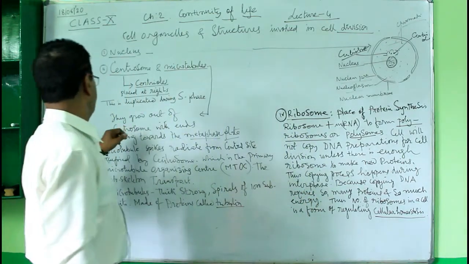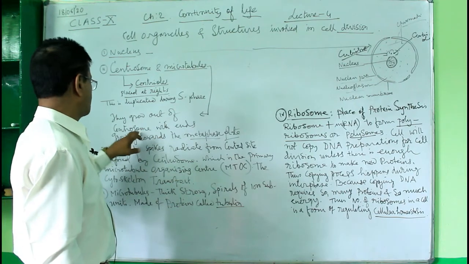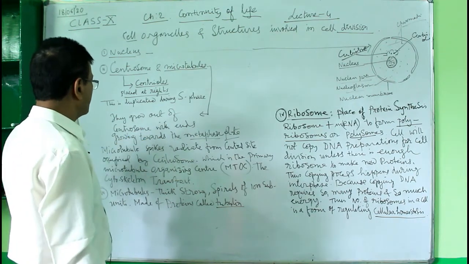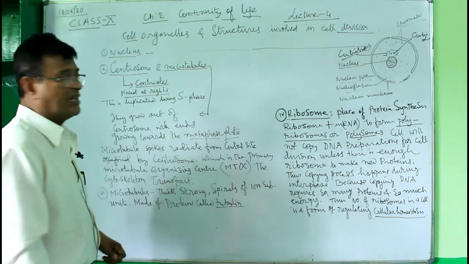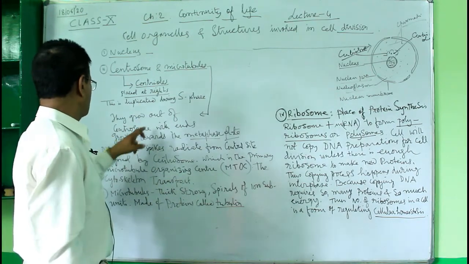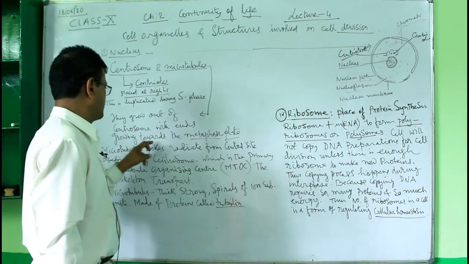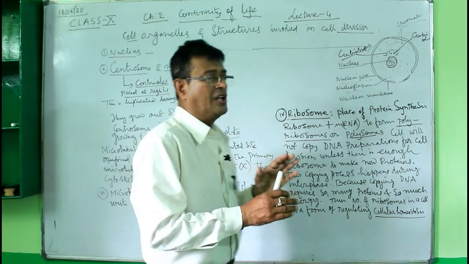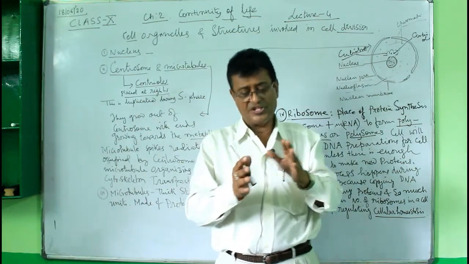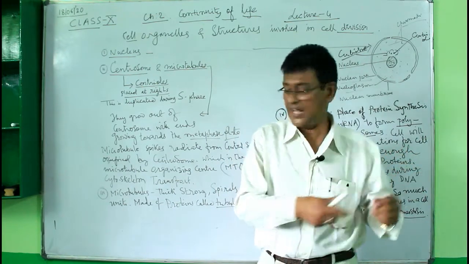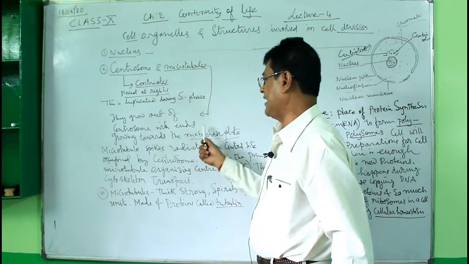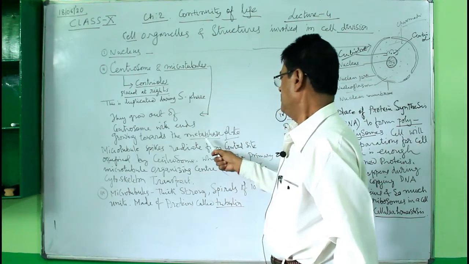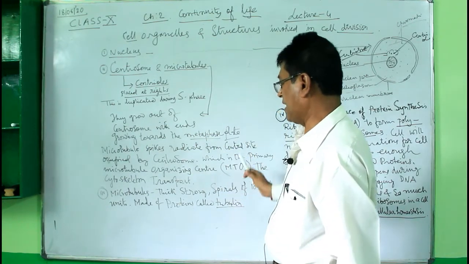Now this is the centriole, then we have the microtubules. The microtubules grow out of the centrosome with ends growing towards the metaphase plate. You know the phases change: prophase, metaphase, anaphase, telophase.